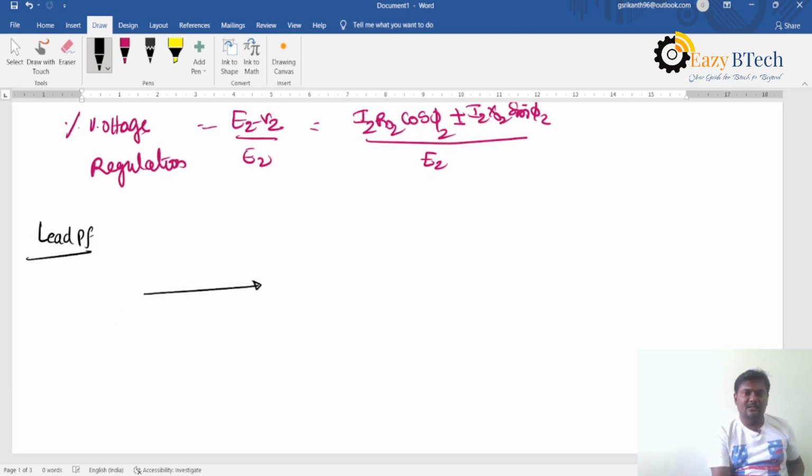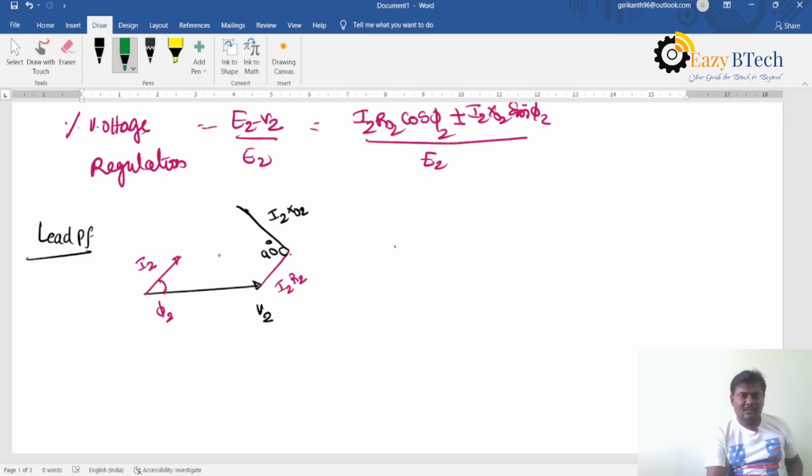this is the phasor diagram. With respect to V2, I2 leads at an angle of phi 2. The I2 R02 component is parallel to I2, and the I2 X02 component is perpendicular to I2 R02. Then from this O point you add this one, then this point is called the E2.